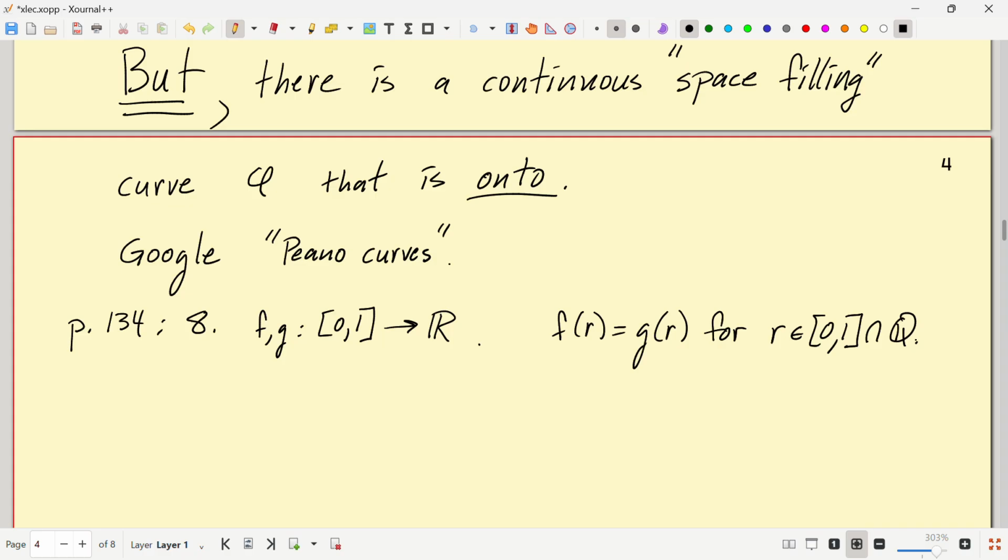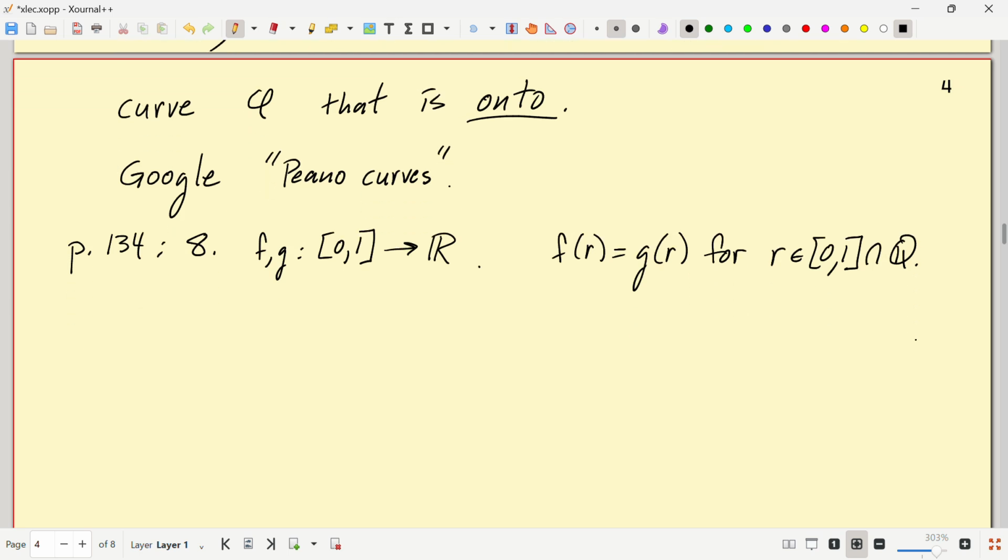Then the question asks... what was it? Is that what this is asking? Okay, they agree on the rational numbers. I guess this is sounding like a dumb question to me. Is F the same as G?